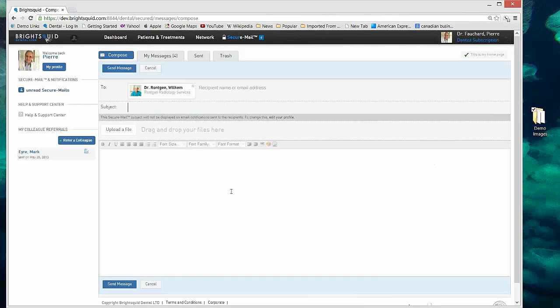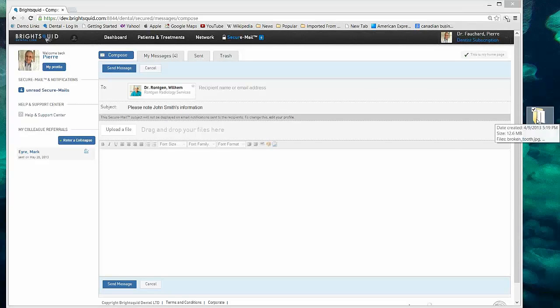I'm going to say, please note John Smith's information. Now, because I'm using secure mail, I can type in the patient identifier inside of the subject line.